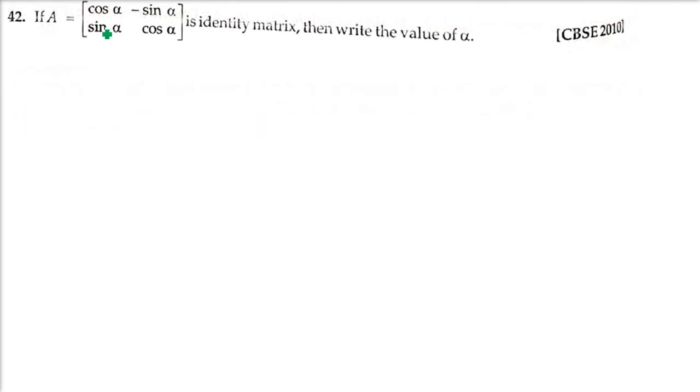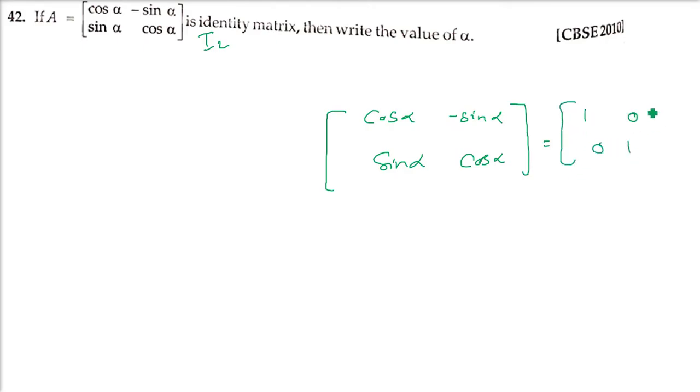If this is an identity matrix, then write the value of alpha. Okay. Identity matrix I2 has diagonal 1, 1. So this is I2. So you have cos alpha, minus sin alpha, and cos alpha. So this is identity matrix. So 1, 0, 0, 1. So cos alpha equals 1 and sin alpha equals 0.